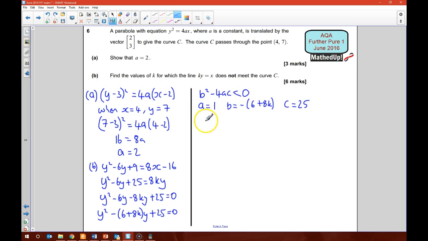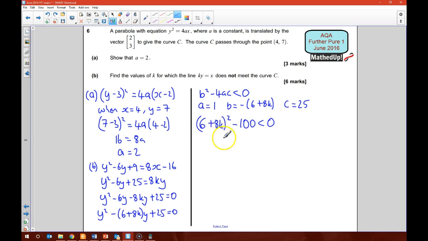So therefore, b squared take away 4ac is going to be negative of (6 plus 8k) squared, which is negative times negative, which is positive, so it's going to be (6 plus 8k) squared, subtract 4 times a times c, so 4 times 1 times 25, which is 100, and we want that to be less than 0.